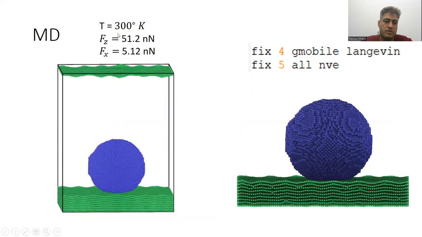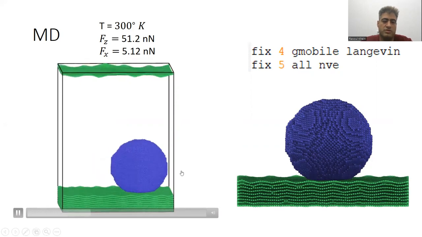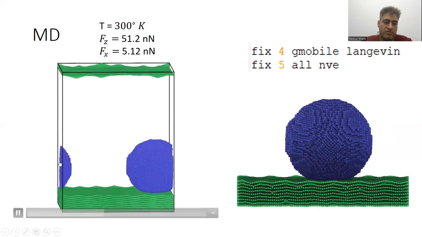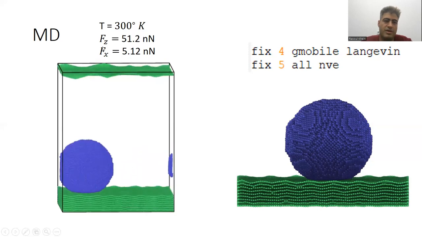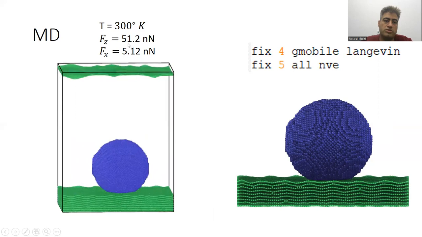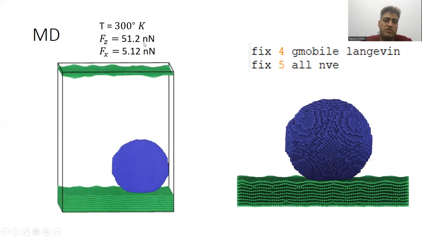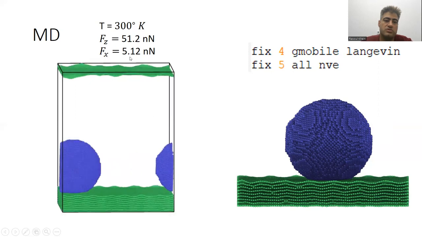We see that the particle moves toward the right, where the tangential force is applied to the particle. We have a periodic boundary condition in the movement of the particle. And in this example, normal load is around 50 nanonewton, and tangential force is around 5 nanonewton.